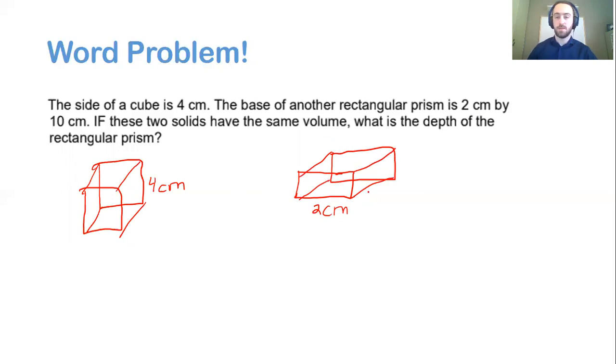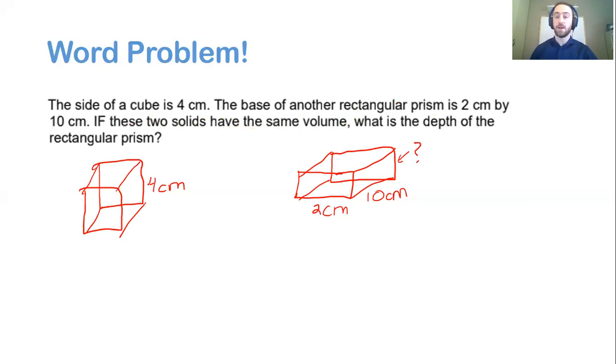So we'll go 10 centimeters along the back, 2 centimeters by 10 centimeters. If these two solids have the same volume, what is the depth of the rectangular prism? So we're looking for this length here.